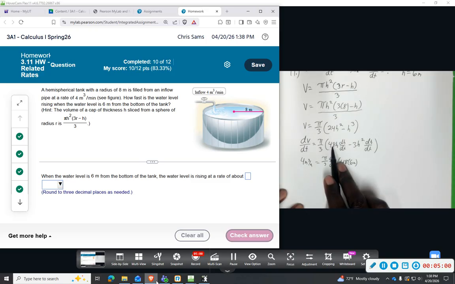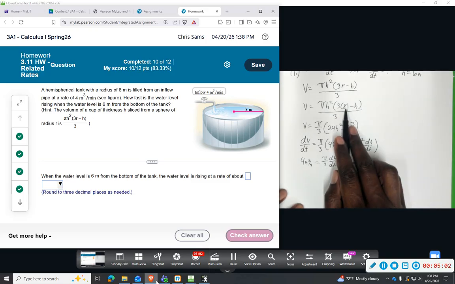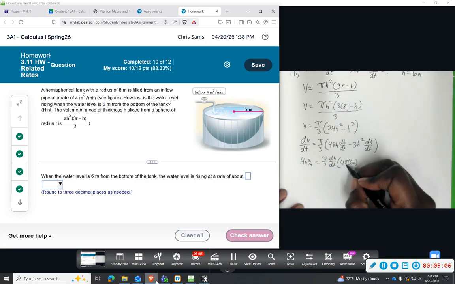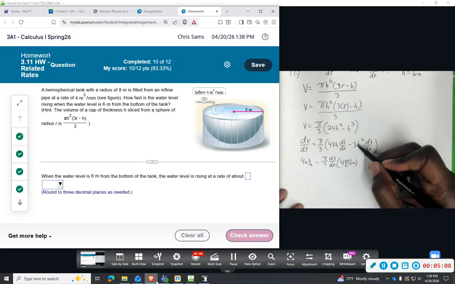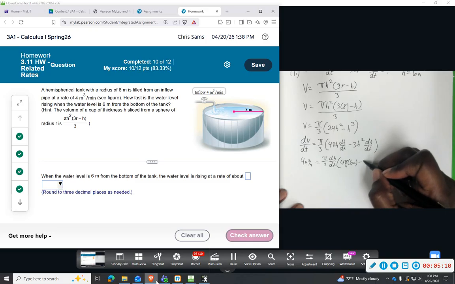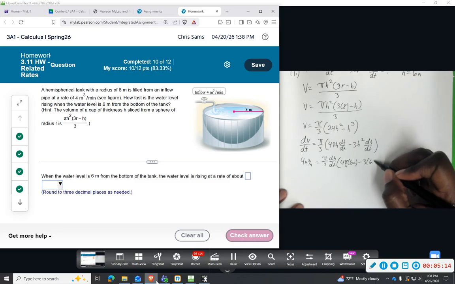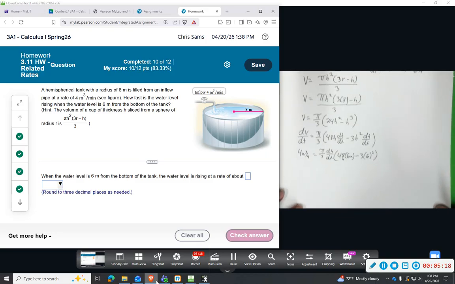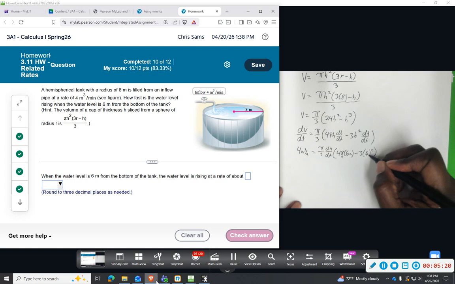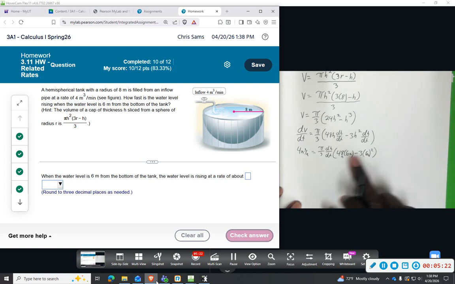Now this 48 should be in meters, giving me meters squared, minus 3 times 6 squared, and that 6 is in meters, so that's also meters squared.